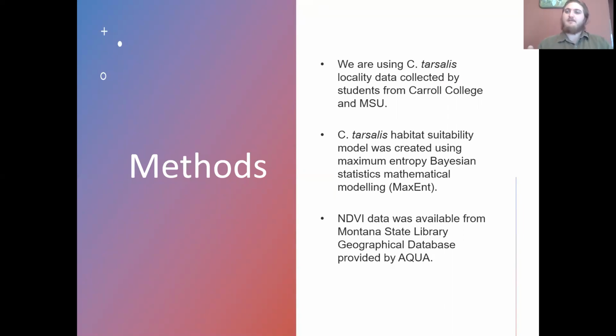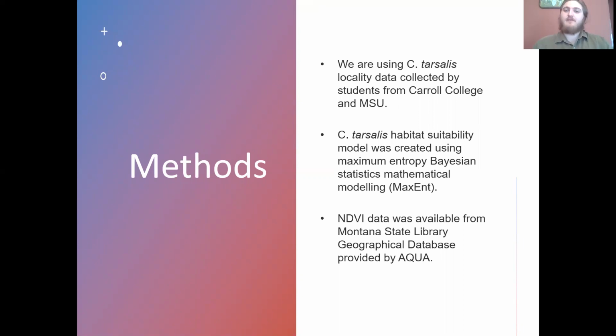They all help train a model using MaxEnt to predict where we're actually going to find this species. That's exactly what a habitat suitability model is: it creates a map where we can say that based on this locality data and a model made from it, we're likely to find tarsalis in these locations using these predictors or these layers.